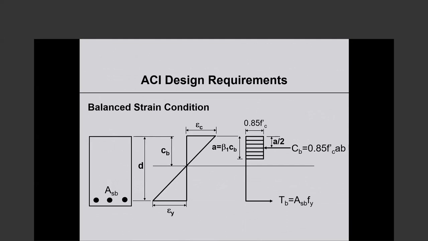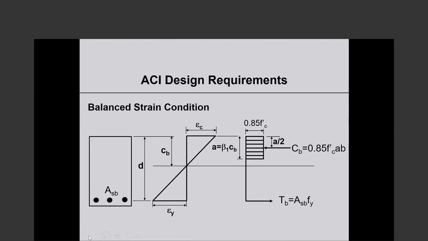Okay, now we have to talk about, but I would like to talk about a couple of things, some of which was covered yesterday. Anyway, so balanced strain condition. I mentioned it kind of in passing yesterday.